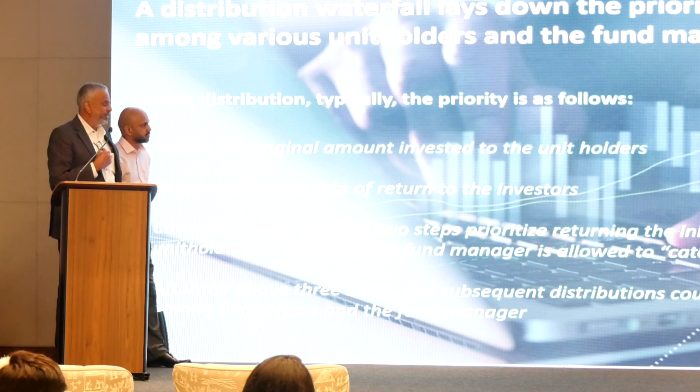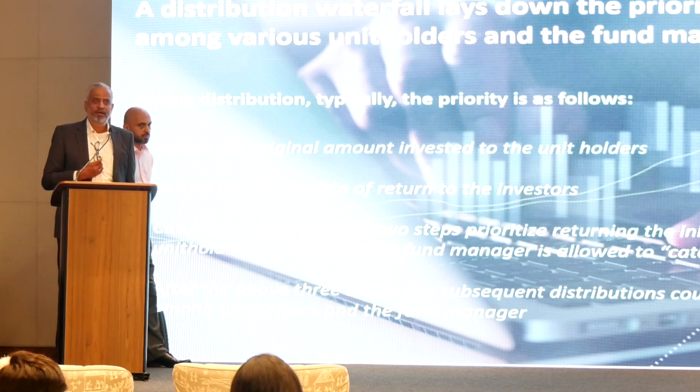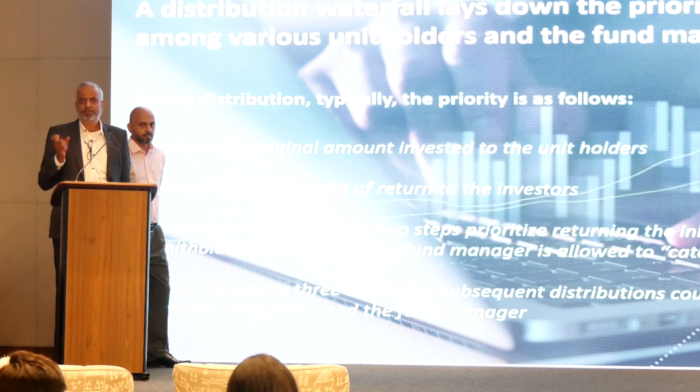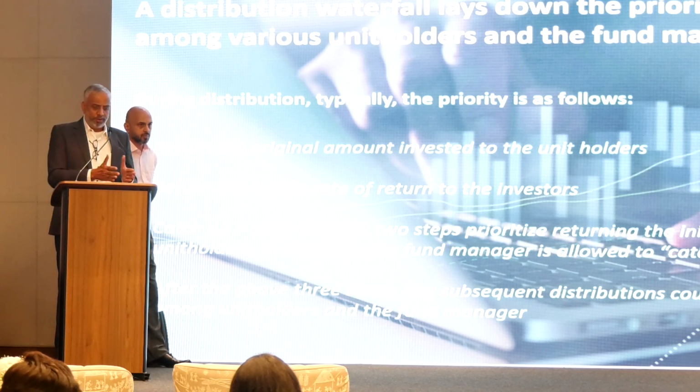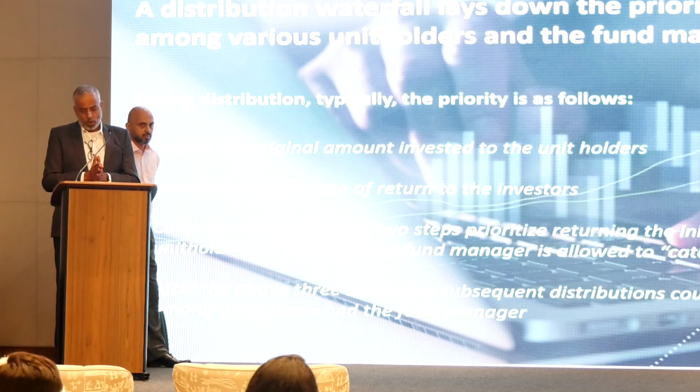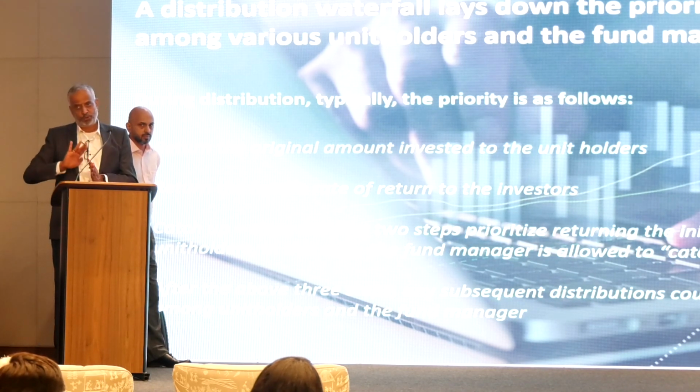Now the complication here is, sometimes they say you will pay with catch-up. Though you are committed to pay a 10% hurdle, no payment will go to the general partner, to the manager, till he satisfies the hurdle rate.